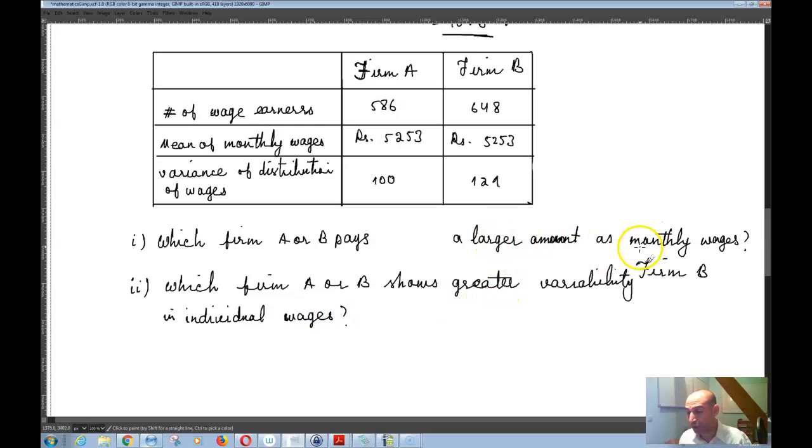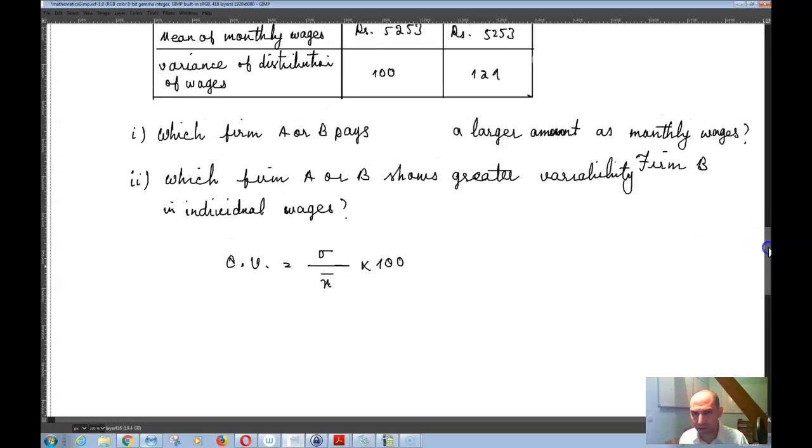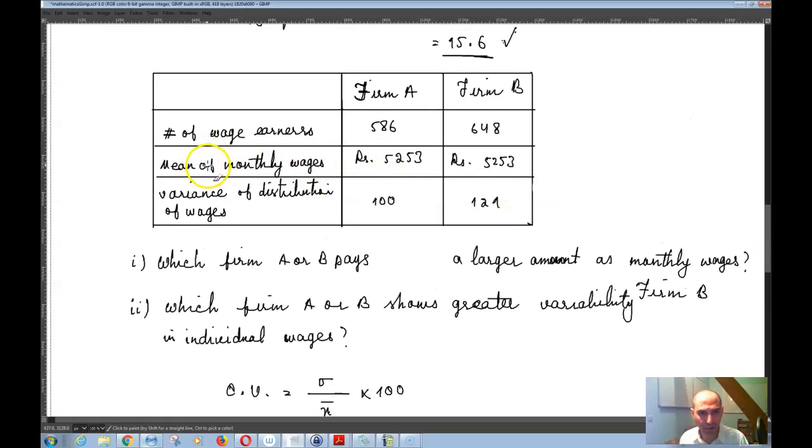In order to calculate that, since the mean of the wages is the same, we said that the coefficient of variation is sigma over x bar times 100. In this case our x bars happen to be the same, 5,253.